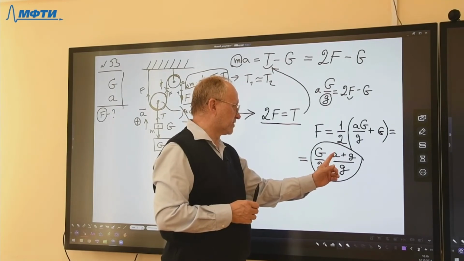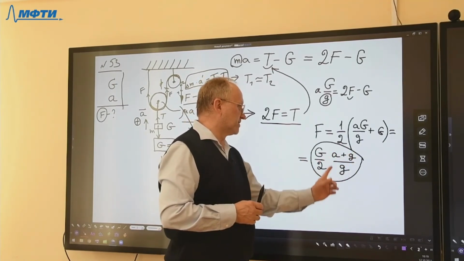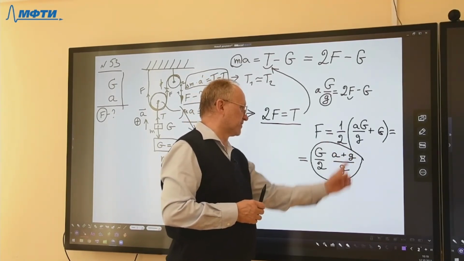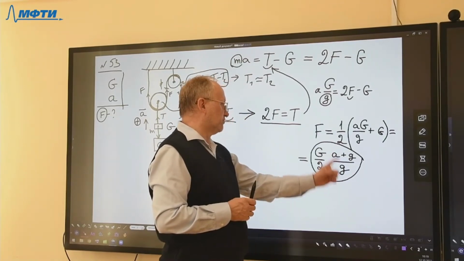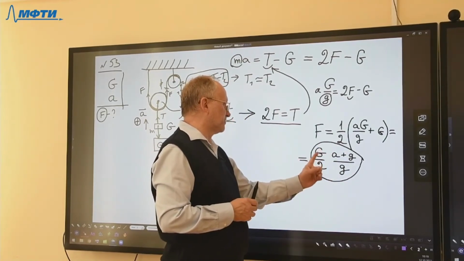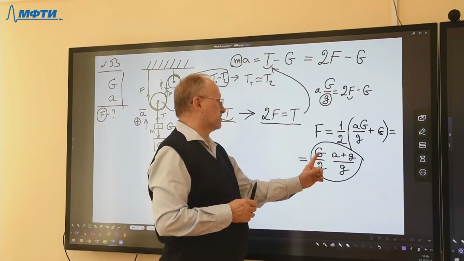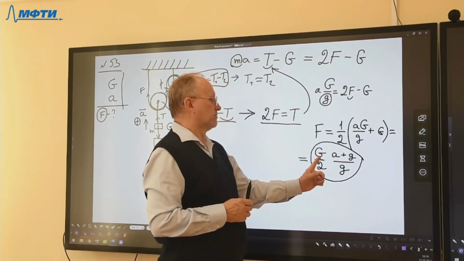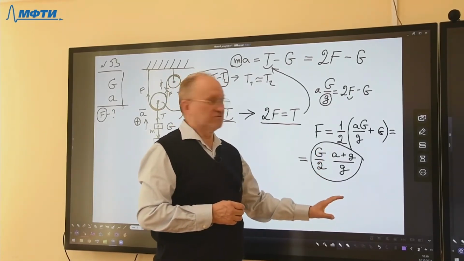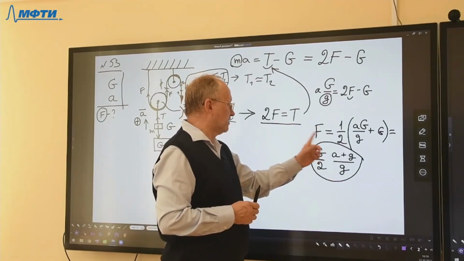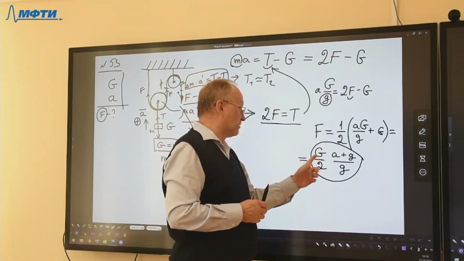And here we have acceleration in the numerator and acceleration in the denominator. The units of acceleration will cancel, and the only units remaining will be the units of force. That's it. Units of measurement are correct. We needed to obtain force, and we actually obtained force.